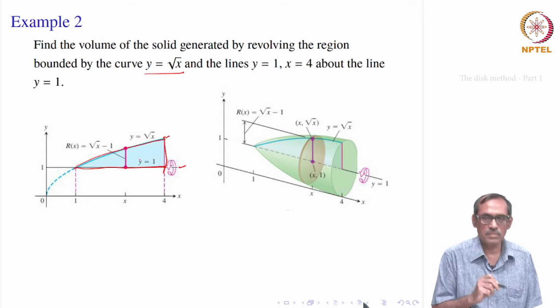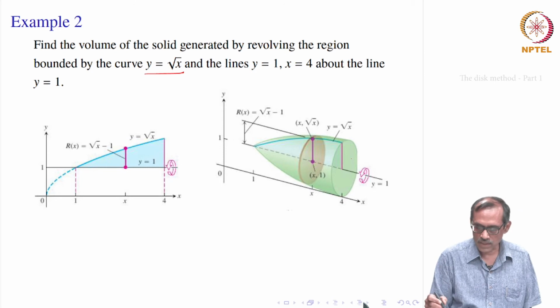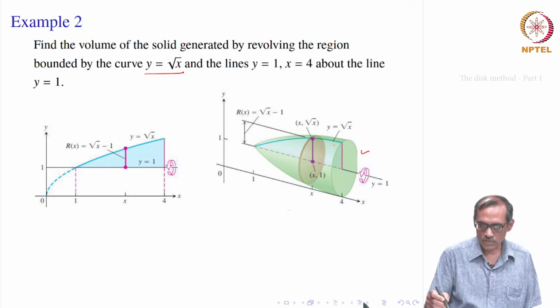The region is painted blue now. This region is revolved around the line y equal to 1. So, you would get some solid of this type, which is painted green in the second picture. We want to find the volume of this solid so generated.